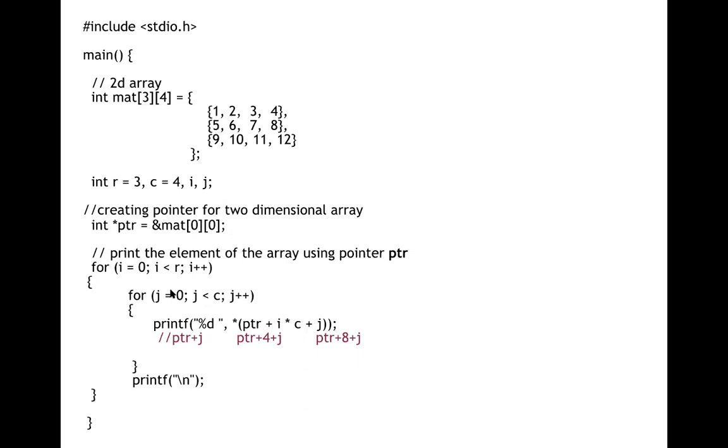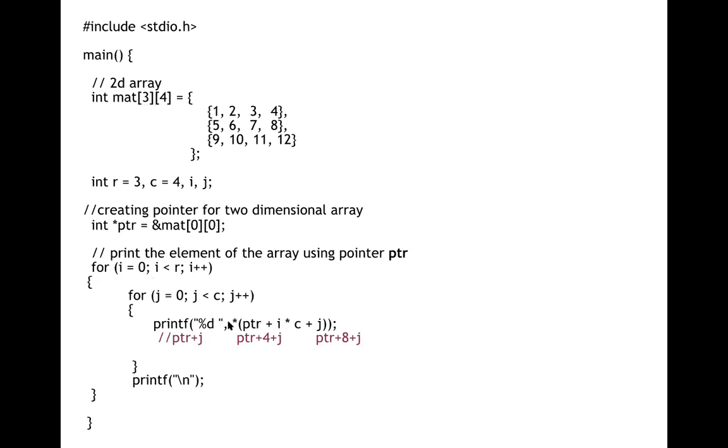Then I is 1 and J becomes 1. For the entire time that I equals 1, this will be 4. So PTR plus 4 plus 0, PTR plus 4 plus 1, PTR plus 4 plus 2, PTR plus 4 plus 3. Then I becomes 2 and J varies from 0 to 4.